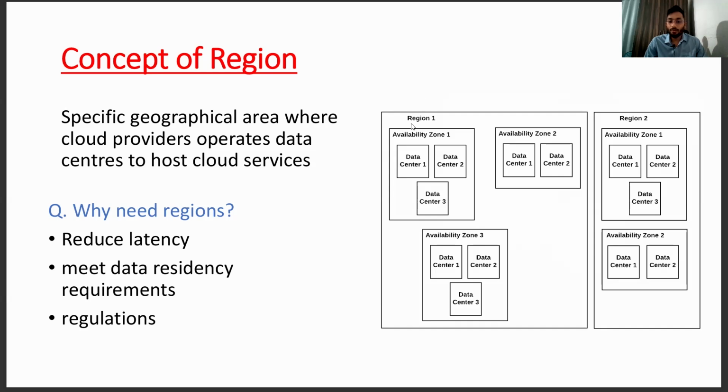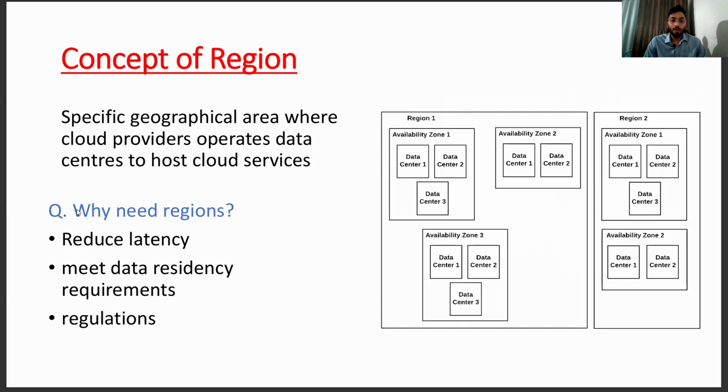If you can see from this picture, we have region 1, we have region 2. Let's understand region 1 as India. For now, India is a country, and let's understand it as a region. India is a region, and it has three availability zones. We will understand it further, but for now, let's understand why we need regions.